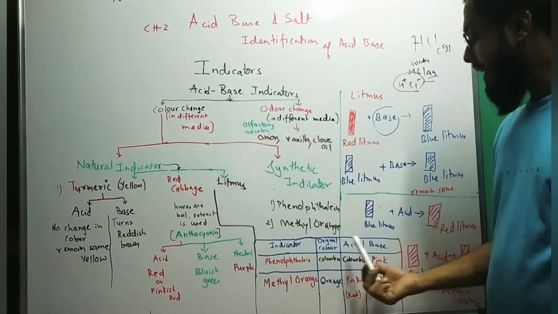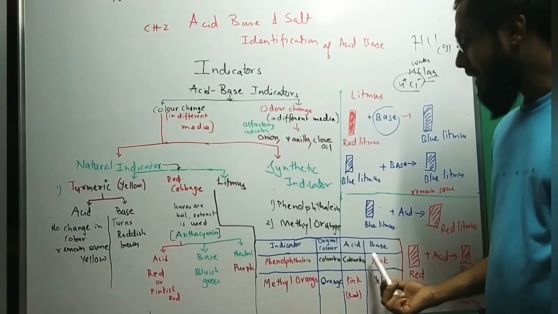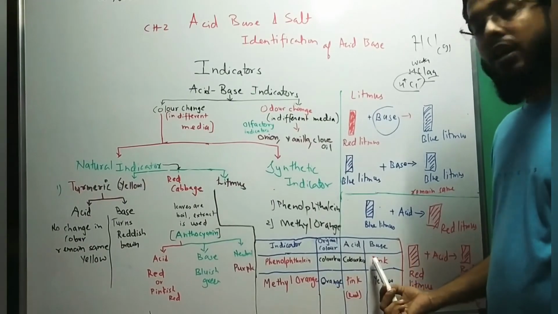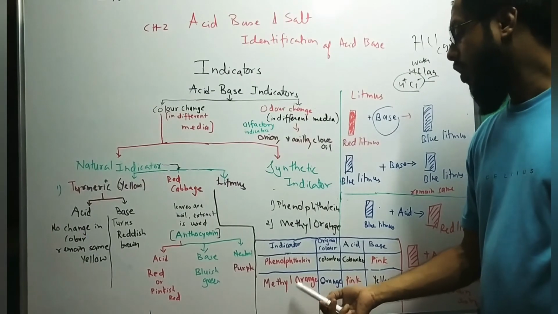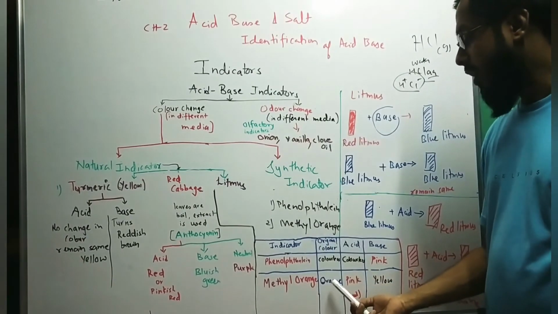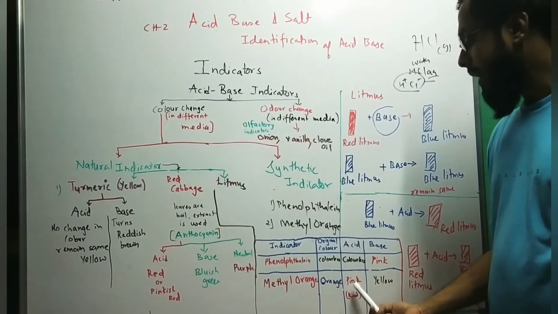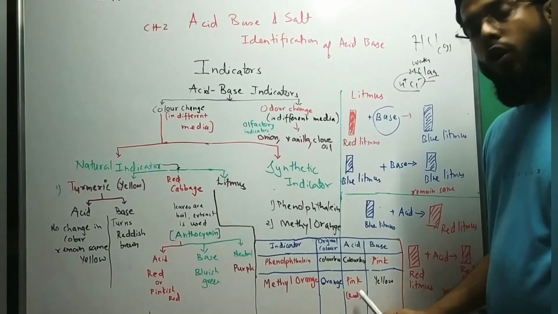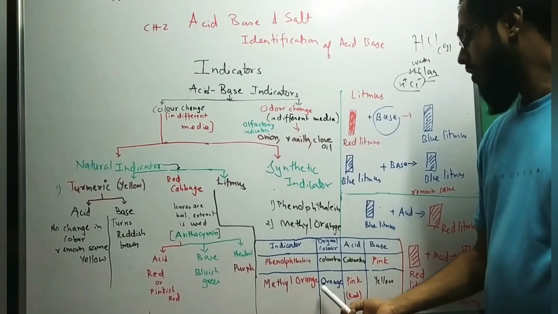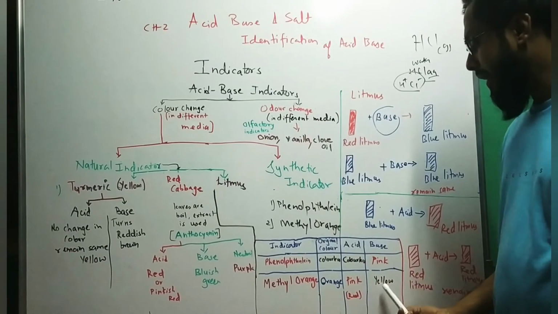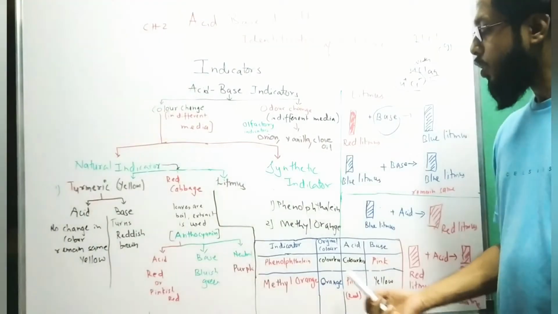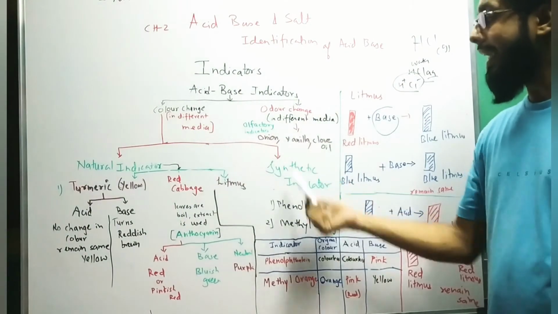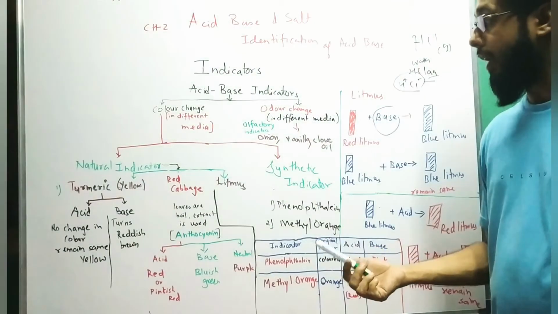But in basic medium, phenolphthalein turns pink or dark pink. Methyl orange, on the other hand, is orange in color, but in acidic medium it changes to pink or red color, while in basic medium, methyl orange changes to yellow. So this was about synthetic indicators. They are prepared in the laboratory.